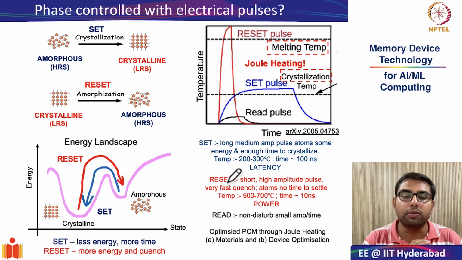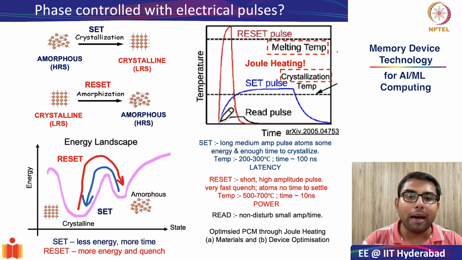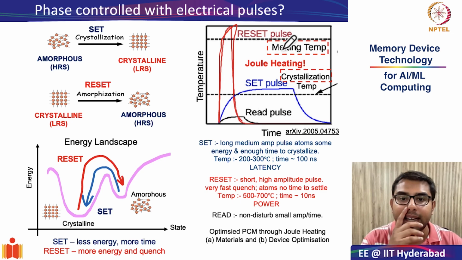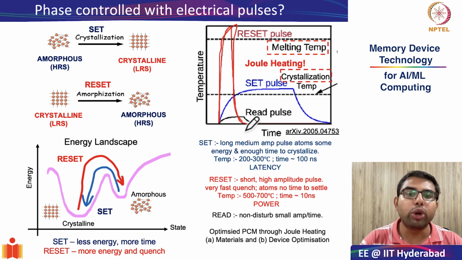gets frozen. We also saw how this is facilitated using Joule heating in PCRAMs by applying a very short pulse of very high amplitude to facilitate reset, which takes the material above its melting temperature, and then you suddenly drop it to have an effective quench.